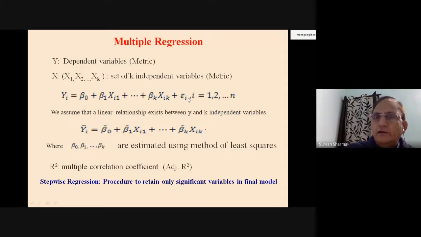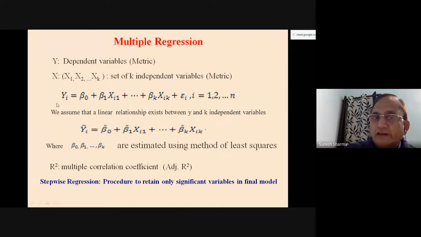But please remember, multiple regression is applicable when y has to be a measurable quantity, x1 has to be measurable, x2 has to be measurable, xk has to be measurable. If any one of x1, x2, xk is categorical, you cannot apply multiple regression.